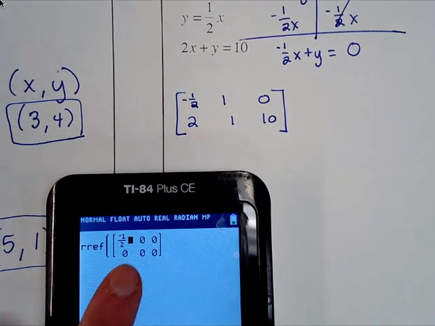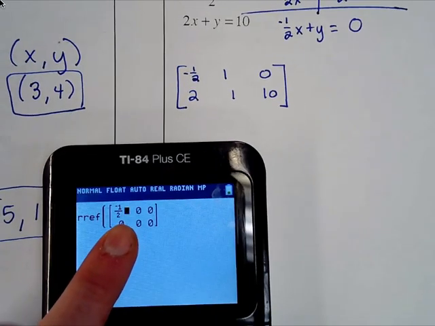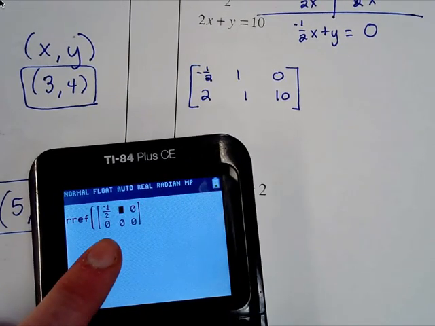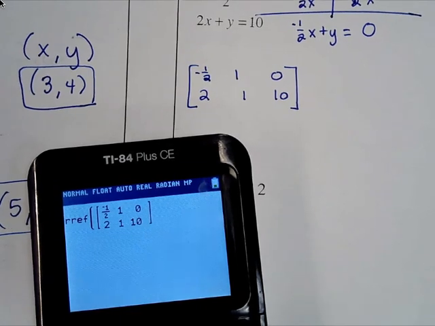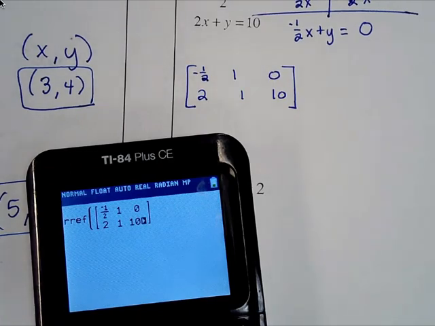You are going to have to delete that 0 that they have in that spot, though. For some reason, it leaves that. 4, 2?